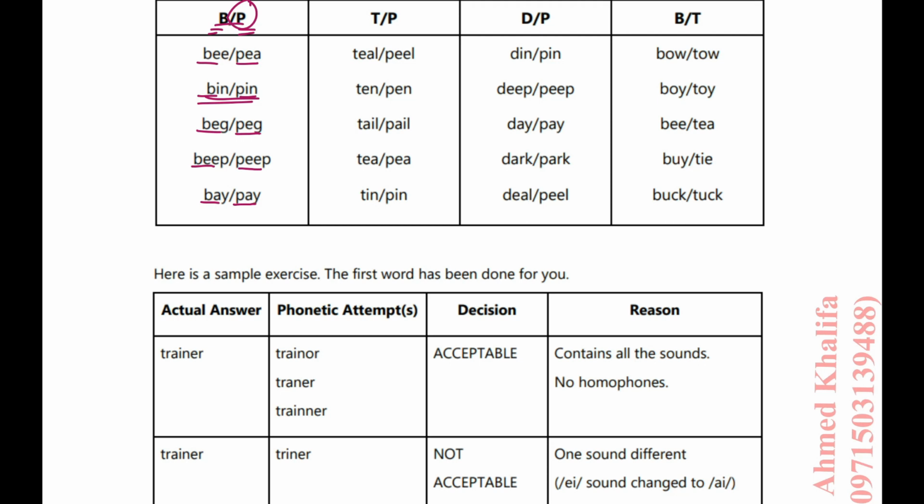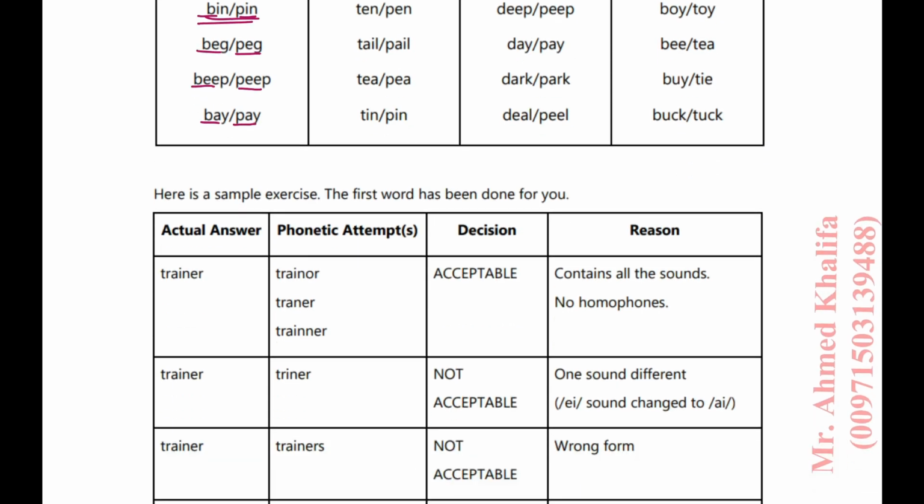When teaching phonetic attempts, I always teach my students three criteria or conditions for a phonetic attempt, or an invented spelling, to be awarded a mark. What can be considered correct and what incorrect when it comes to spelling.